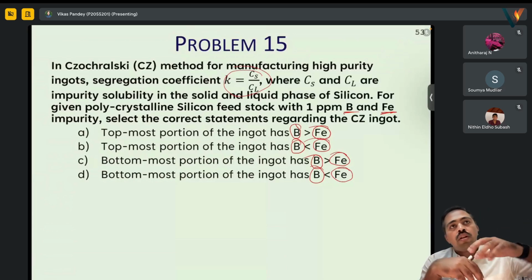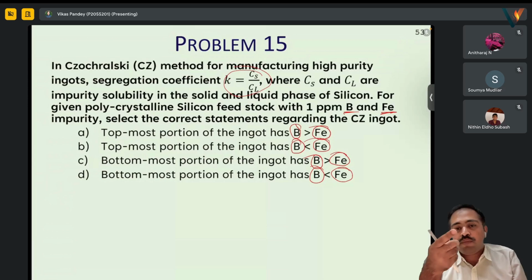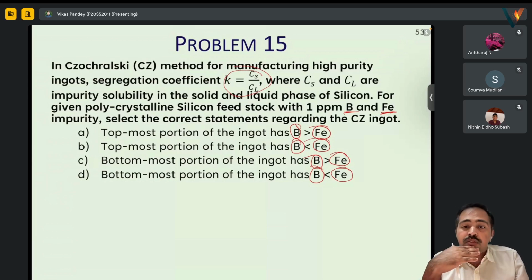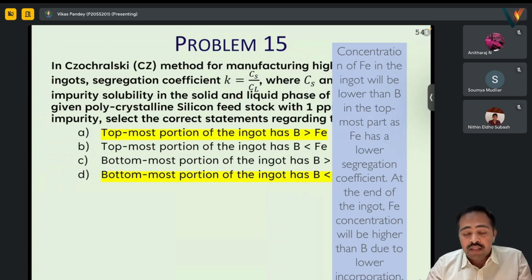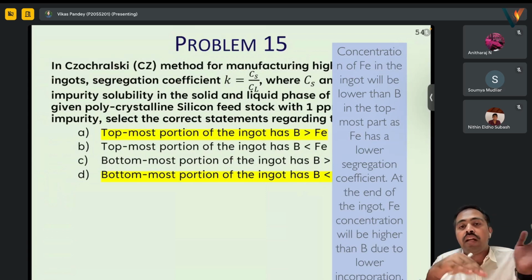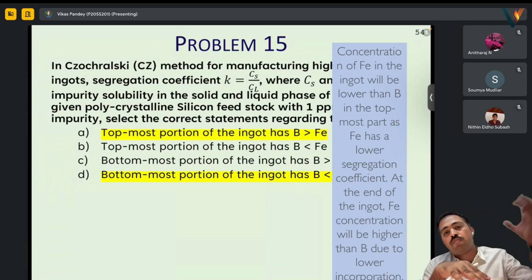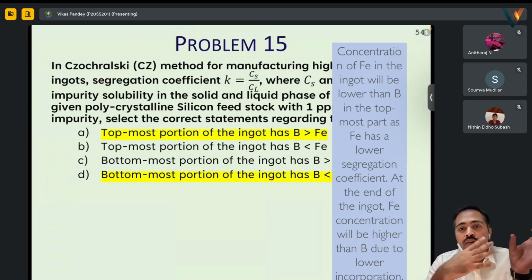So the topmost portion that we will get will have more boron, and the reverse will be true for the bottommost portion. In the bottommost portion, the boron will be less than the iron, because at that time the concentration of iron will be much more in the stock, and that is why we talked about different grades of wafer that we get. Topmost is the good grade or the prime grade, and the bottommost is the test grade.